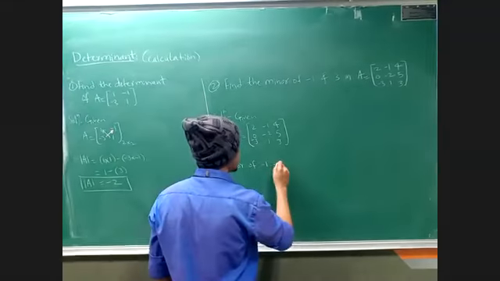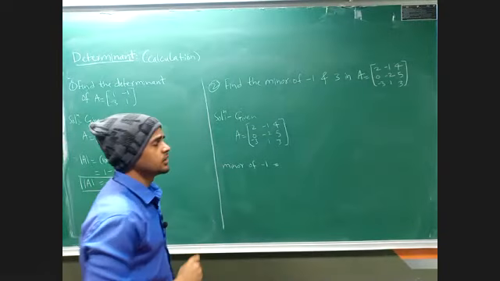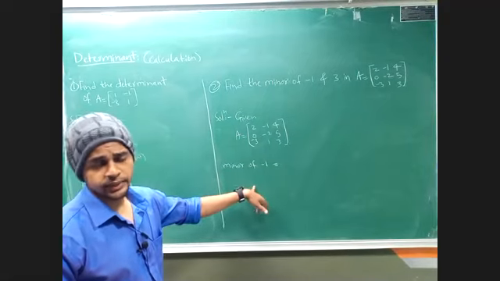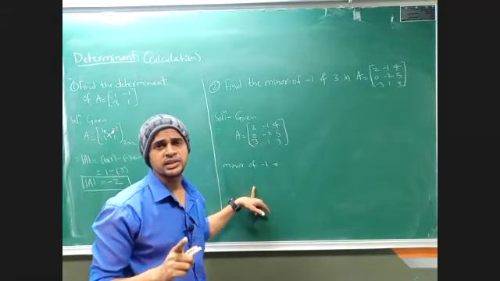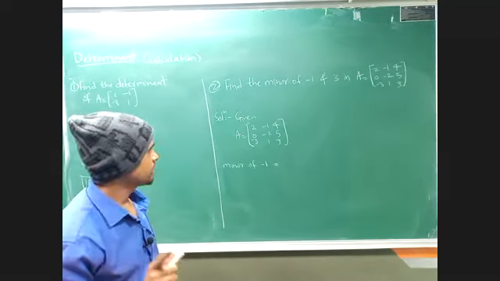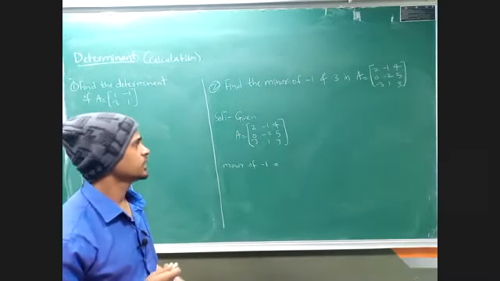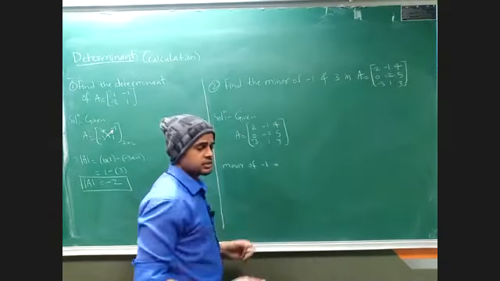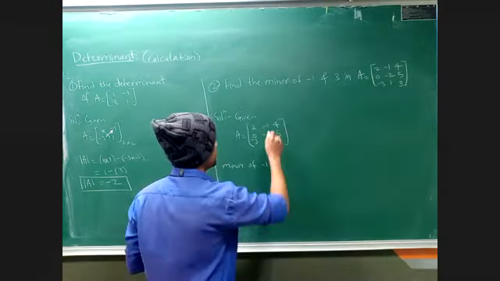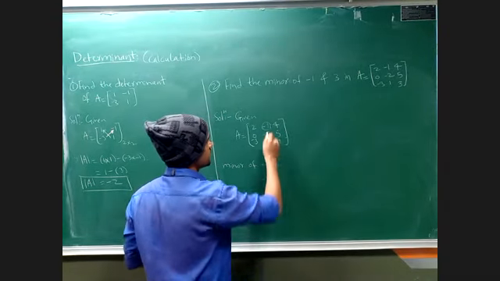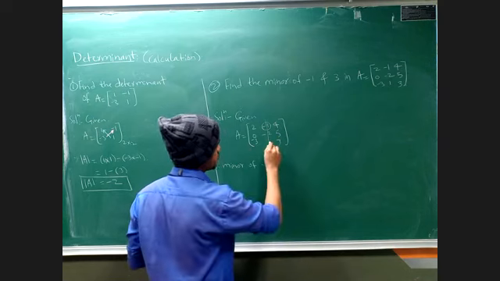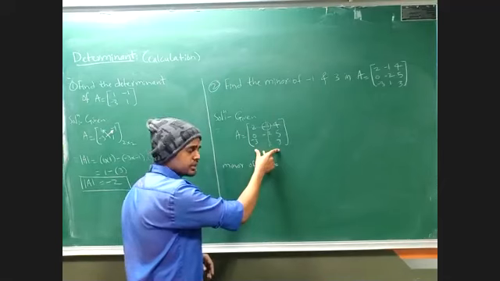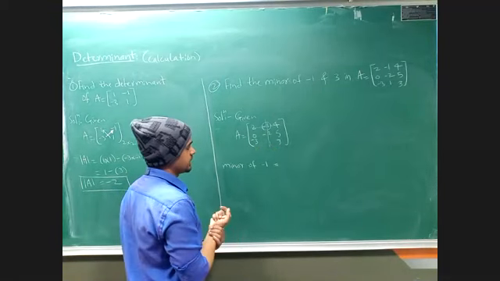As per the definition we have learned, from a 3 by 3 matrix we can obtain the minor of an element as a 2 by 2 determinant by deleting the row and column where the element is present. So if I delete this column and this row, the rest of the part with the determinant is called the minor of the element.